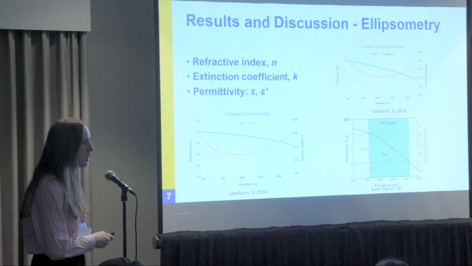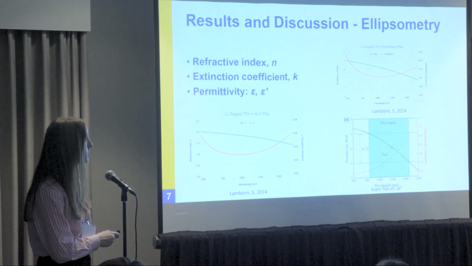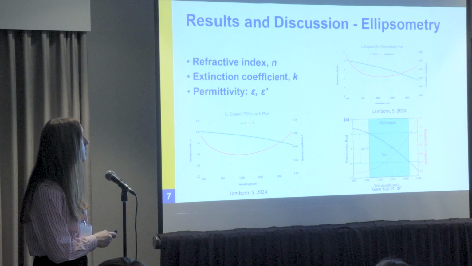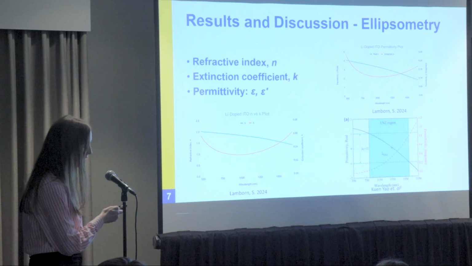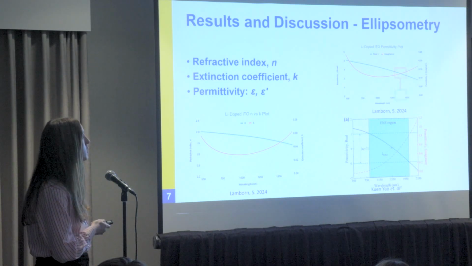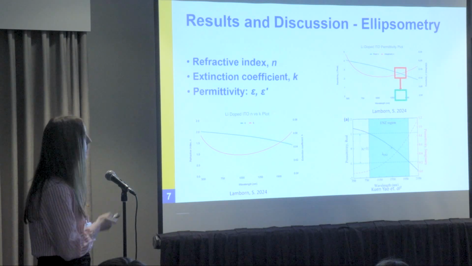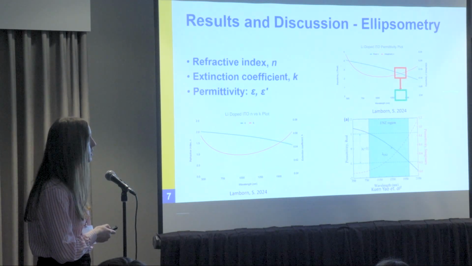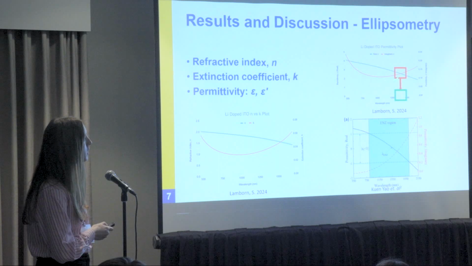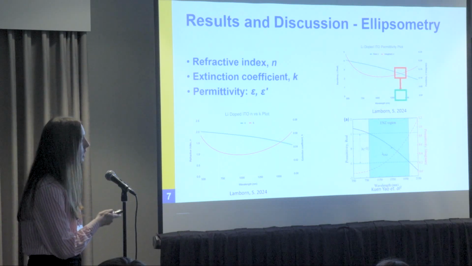However, we did not see an ENZ region in our films as this intersection happens at 2.5 instead of at 0. So for the future, we need to continue to tune our dopant type and concentrations in order to move this red box down to here in order to see an ENZ region.